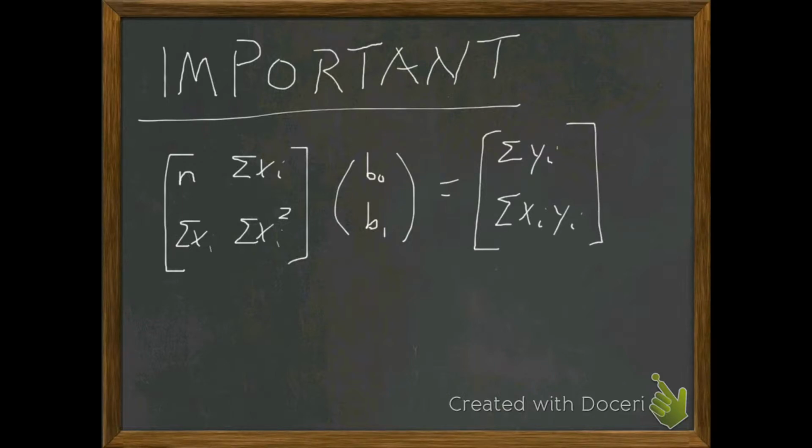Easy to say, tough to write. Now, just curious, does anyone remember what we called that matrix right there? Well, I went back and found it, and we actually found that the product of x transpose times x gives us this.